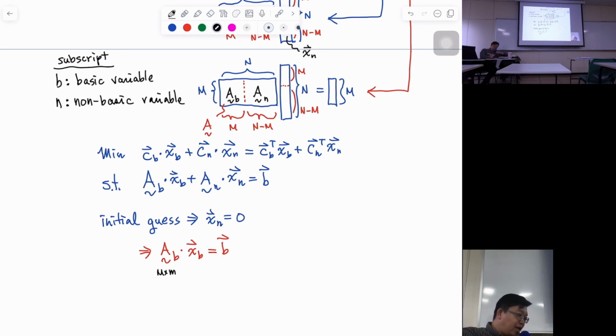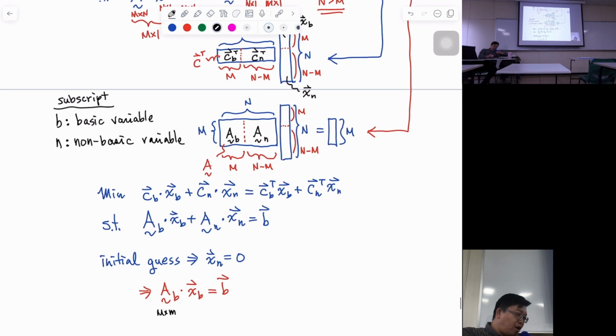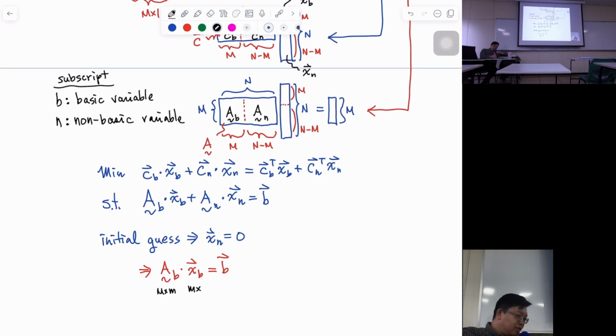And the XB part is m by 1. So at the end, B is still m by 1. So this can be solved directly by taking the inverse, right? So if you guess XN equals 0, then the XB part can be solved. You get a solution of XB.